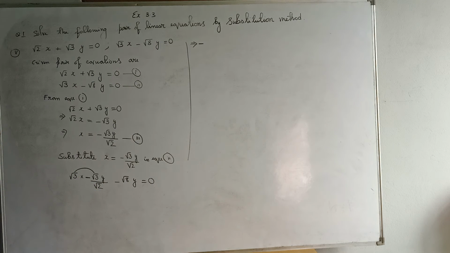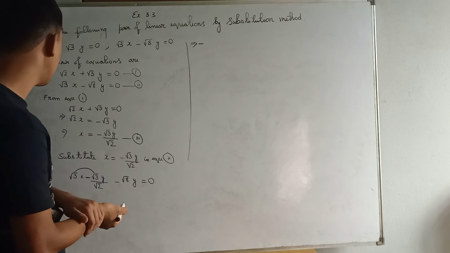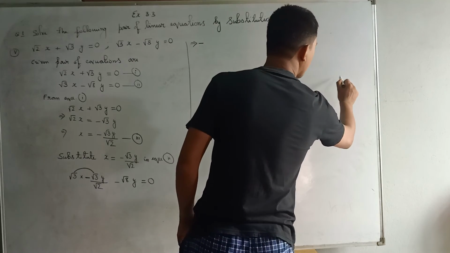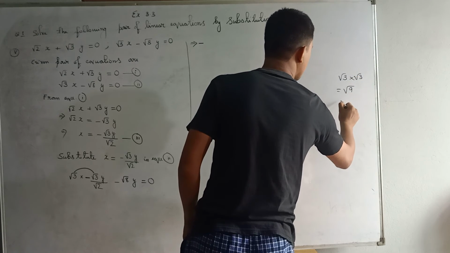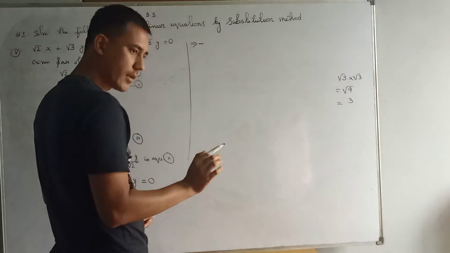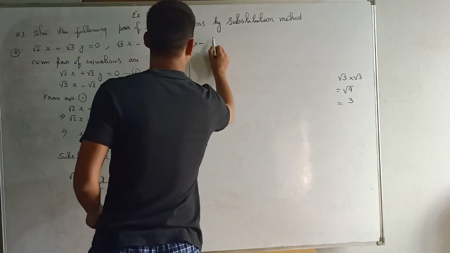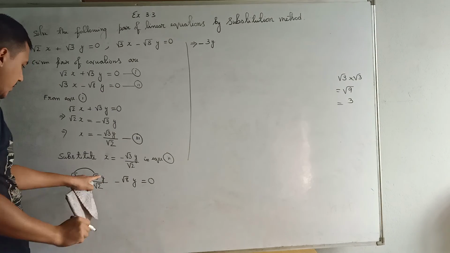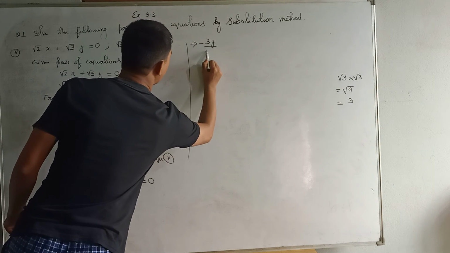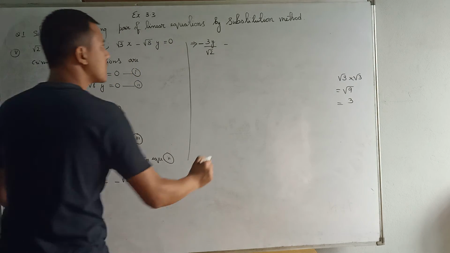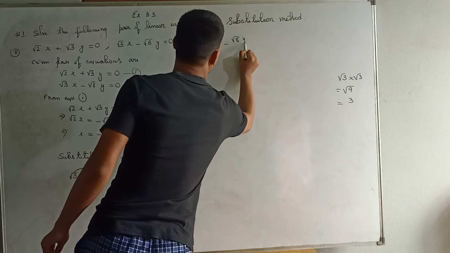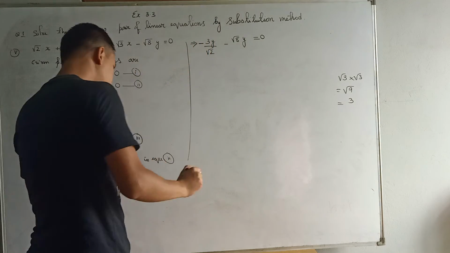Square root of 3 times square root of 3 is square root of 9, which is 3. So minus 3y upon square root of 2, minus square root of 8y is equal to 0.